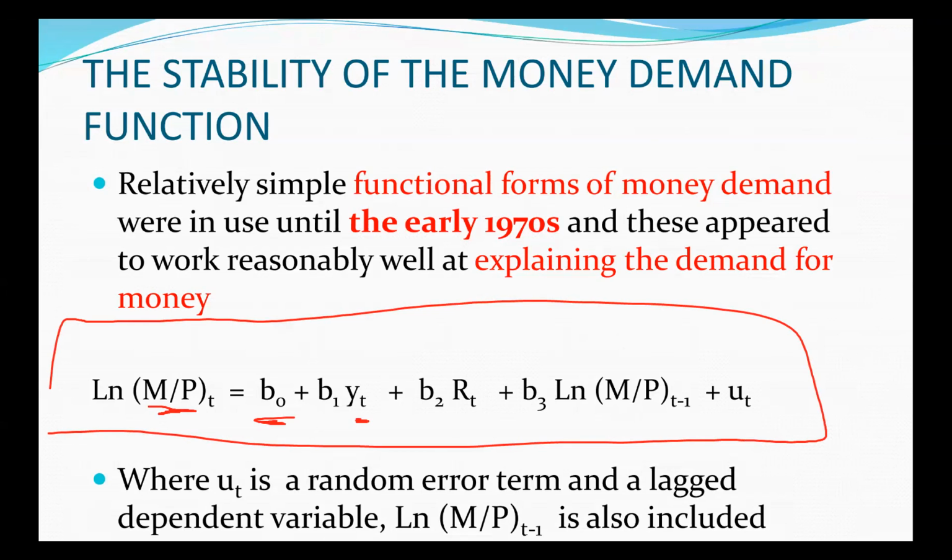At that time, beta node, the constant, and the values of the y variable, and beta 1, which is the coefficient or the elasticity of income, plus the coefficient of interest rate, plus beta 3 and the natural log of M minus 1, which is a lagged model, plus the error term. It's a lagged variable, another variable that has been introduced.